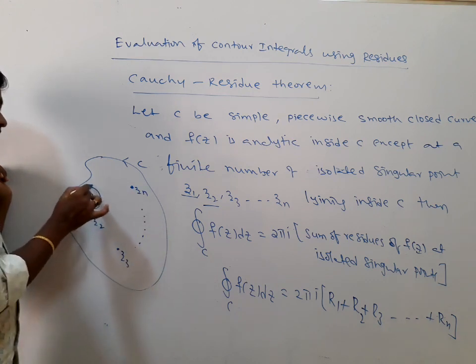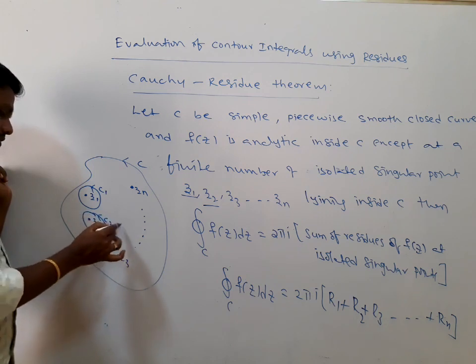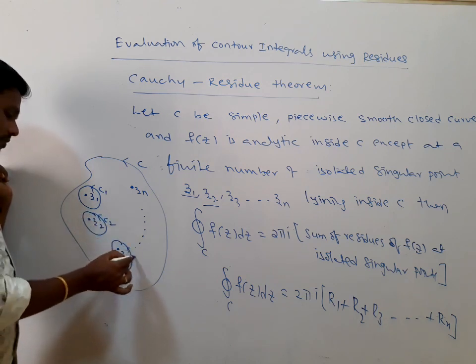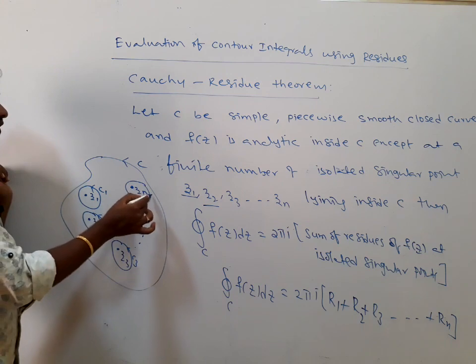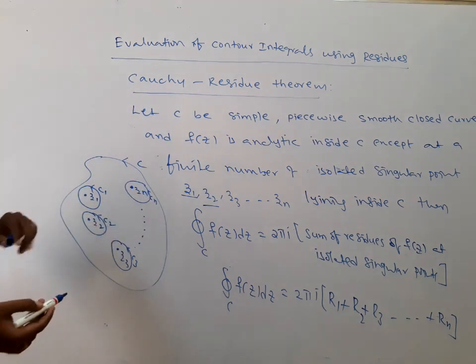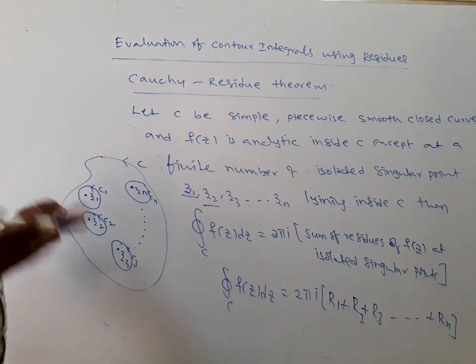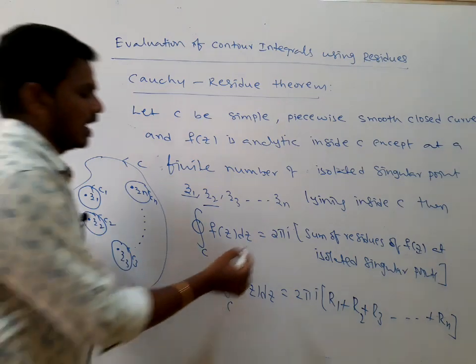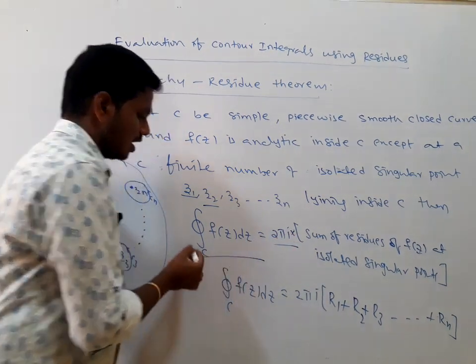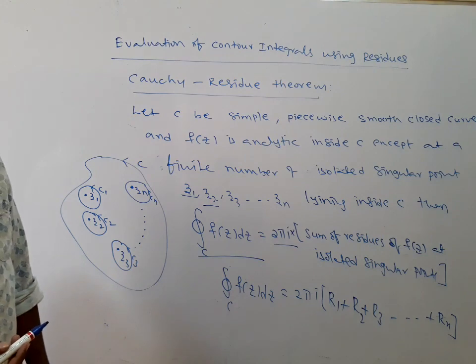We can draw small curves c1, c2, c3, up to cn in the neighborhoods. In this case we evaluate the residue at each isolated singular point, add them, and multiply by 2 pi i, and that gives the contour integral value. This is Cauchy's residue theorem, a very important theorem.